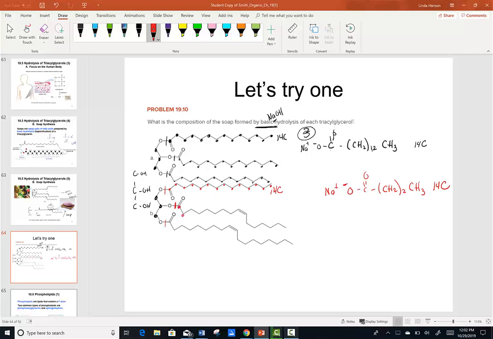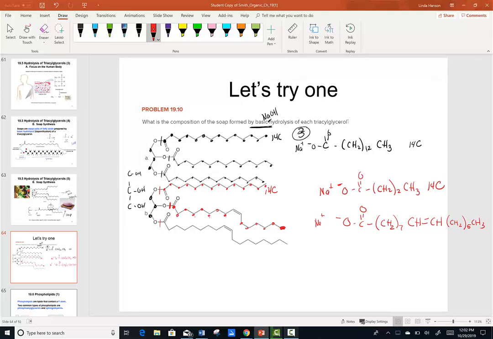Here is carbon 1, 2, 3, 4, 5, 6, 7, 8. So in this group, we would have CH2 taken 1, 2, 3, 4, 5, 6, 7 times, and then I see a double bond, and then 1, 2, 3, 4, 5 more CH2s, ending with the methyl group to end the chain right there. 1, 2, 3, 4, 5, 6, 7, 8, 9, 10, 11, 12, 13, 14, 15, 16, 17, 18.